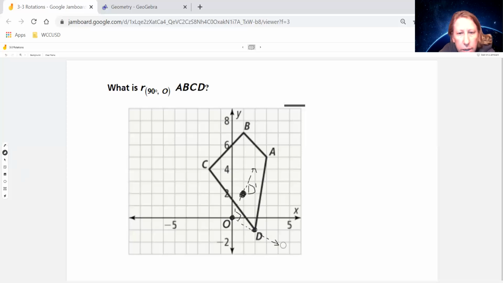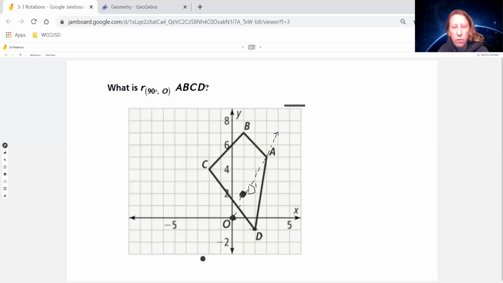I'm going to erase this right angle here. We already figured out where D was. I'm going to do the same thing again, and now I'm going to create a ray up to A, containing A. That's basically up 5 and over 3.